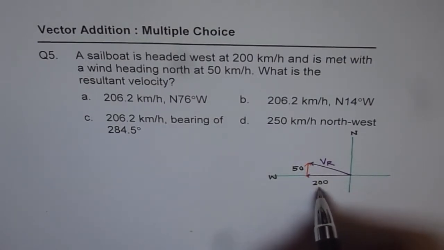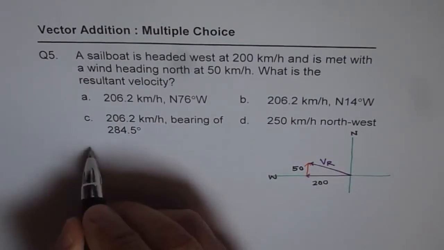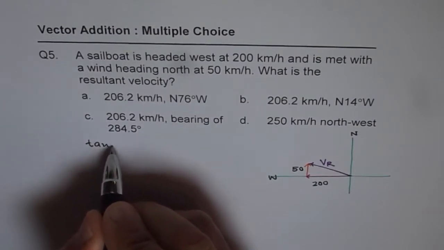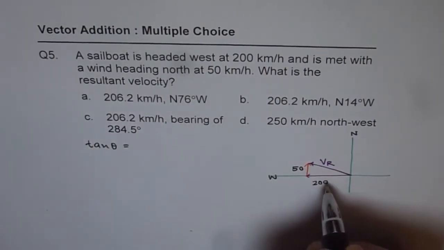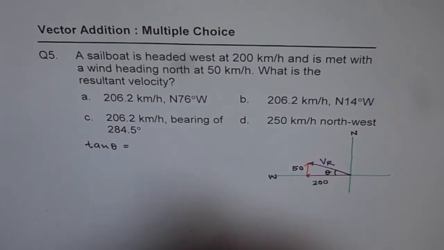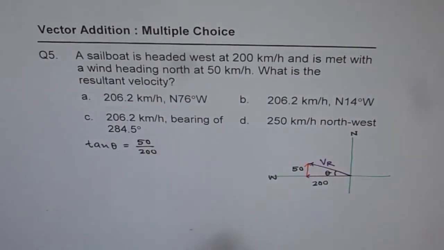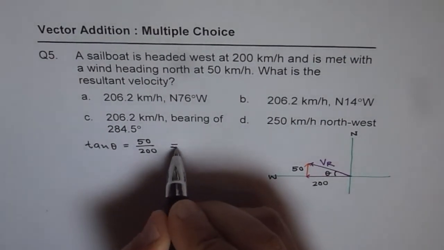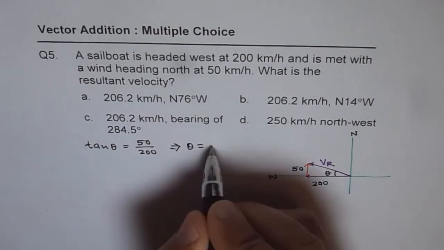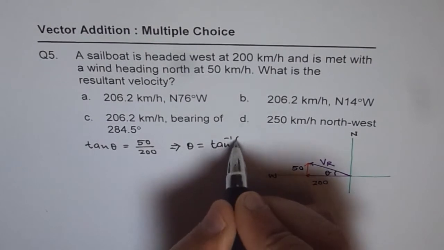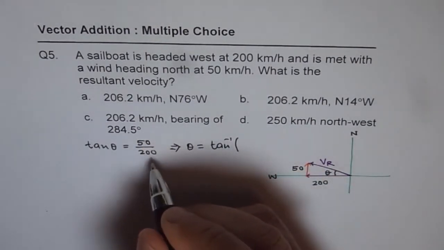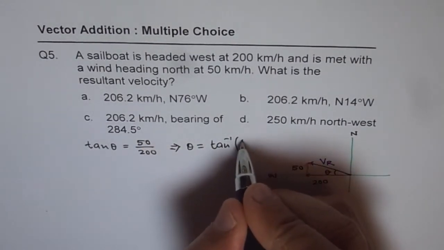So angle you can get with tan inverse, right? So tan theta equals to 50 over, let's say this is theta for us, right? 50 over 200, right? And that gives us theta equals to tan inverse of, you can always simplify it. We'll write 1 over 4, okay.